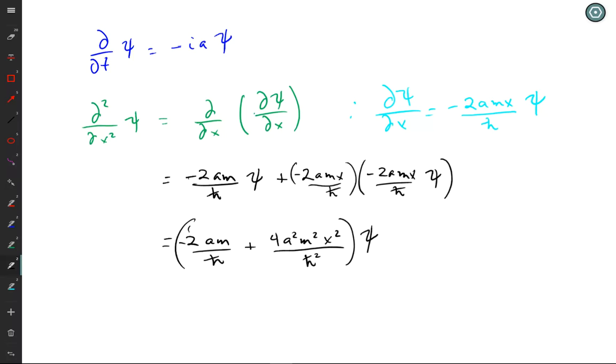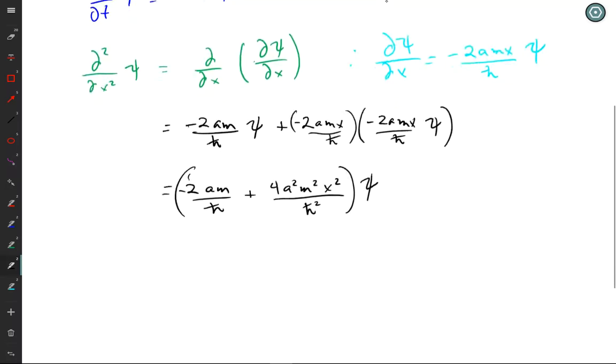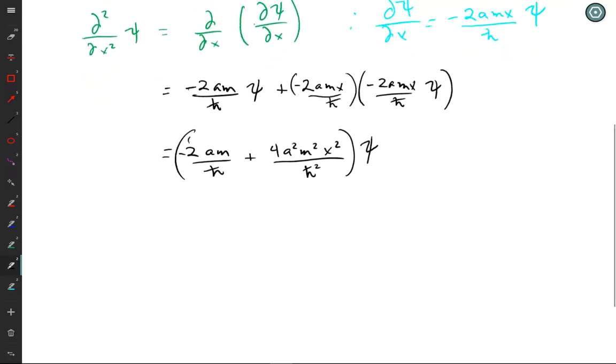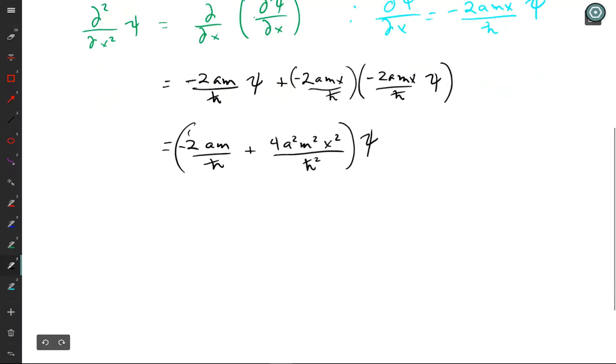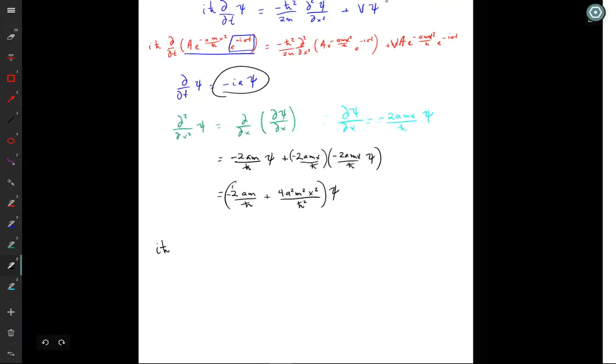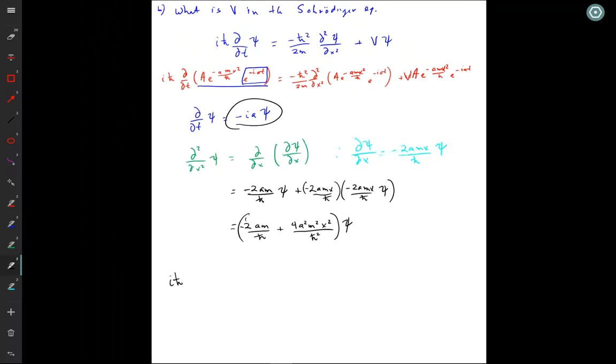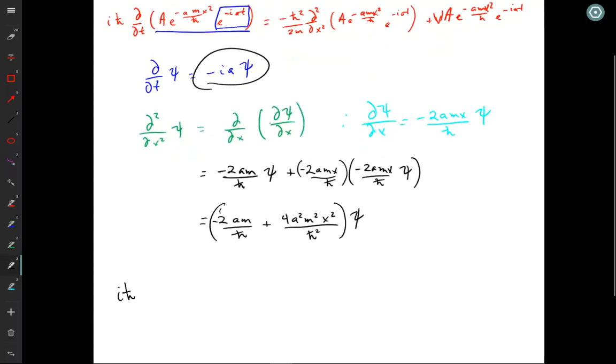So now we're just going to see what V has to be. Putting it all together, I have i h bar times this. Zoom out appropriately so we can see everything on the page.